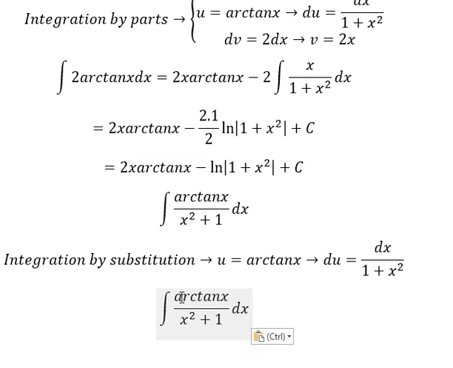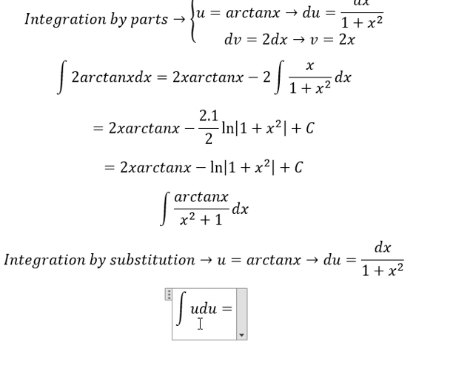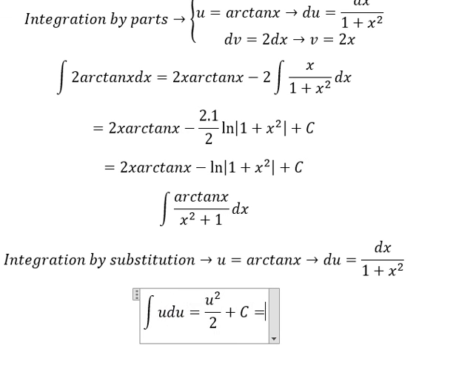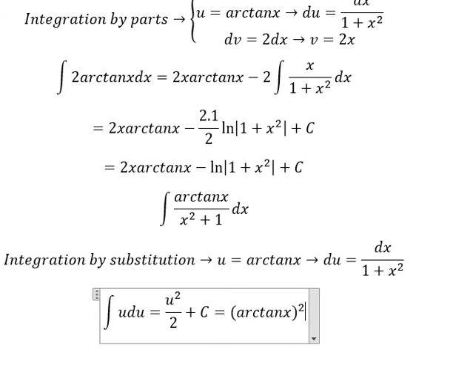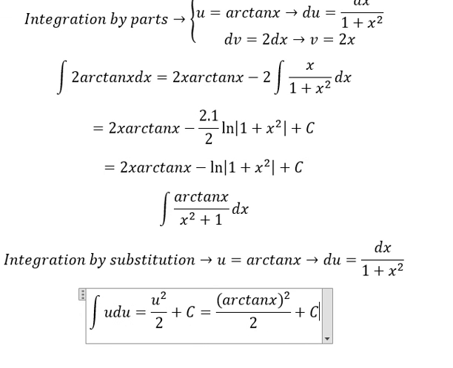So arctan of s we change for u, and this one ds over 1 plus s squared we change for du. The integral of u, you get u squared over 2, and we put c. About u, that's arctan of s to the power of 2 over 2 plus c.